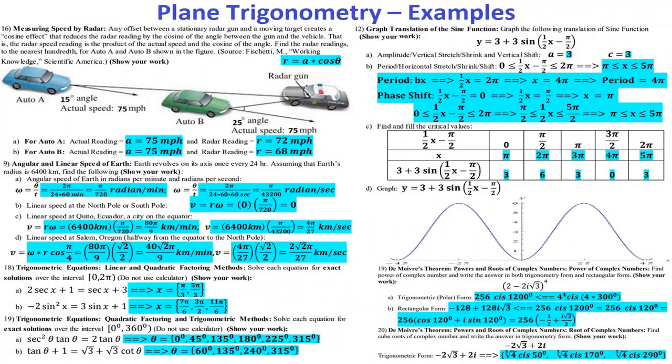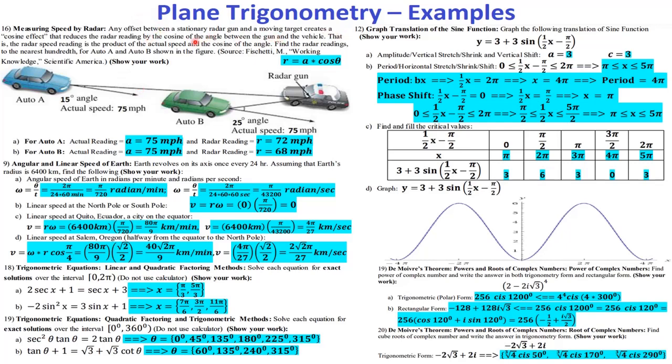Then I have here a plain trigonometry application, the examples. So this is what is called the cosine effect, that is between the radar reading and the actual speed.